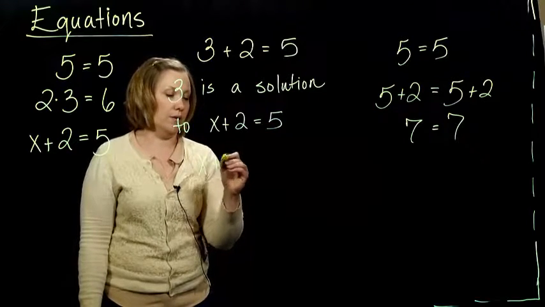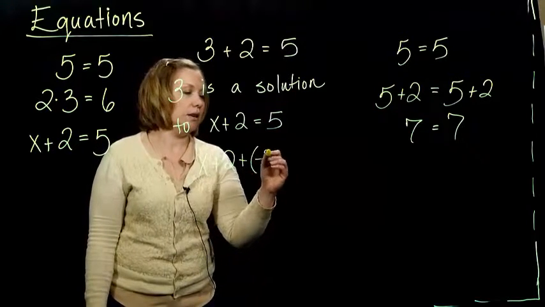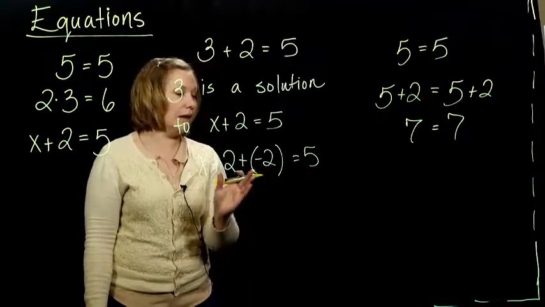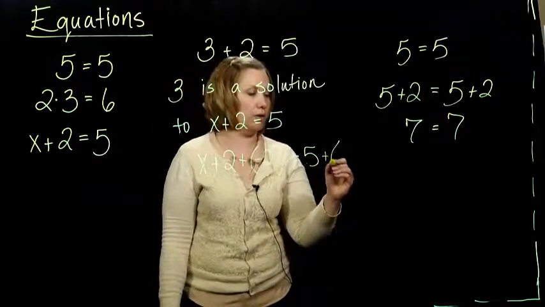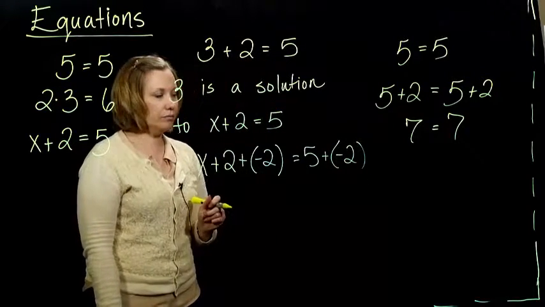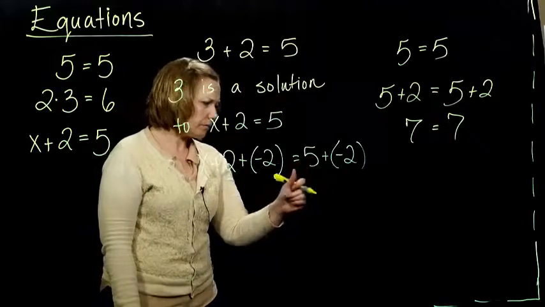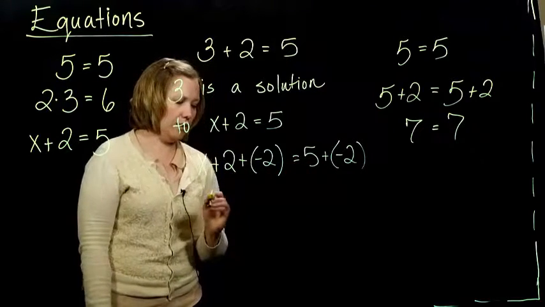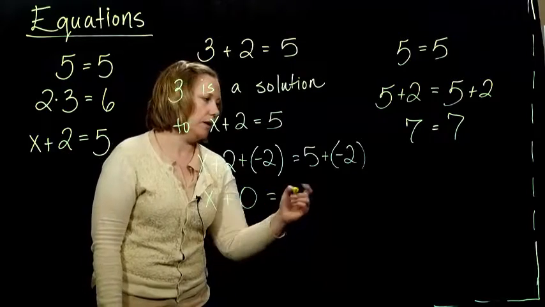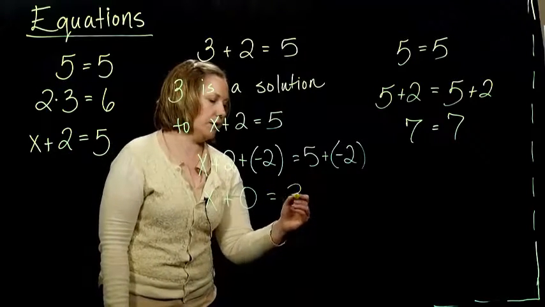Well, how about negative 2? But if I added it to the left side, I also have to do it to the right side. So over here, I get x plus 2 plus negative 2 gives me 0. 5 plus negative 2 gives me 3.